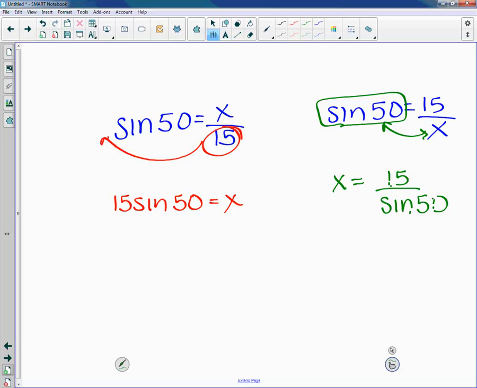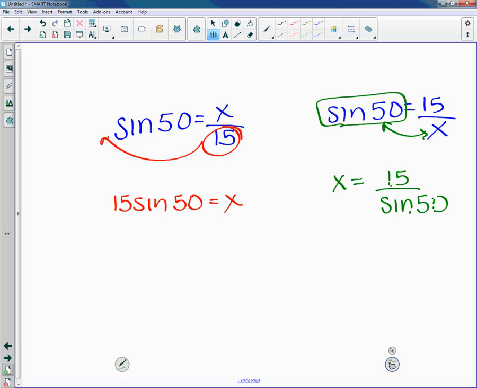All right, moving on. Now we're done with the review. I want everybody to turn to the back and copy 16 down. If the x is in the numerator, you're multiplying.